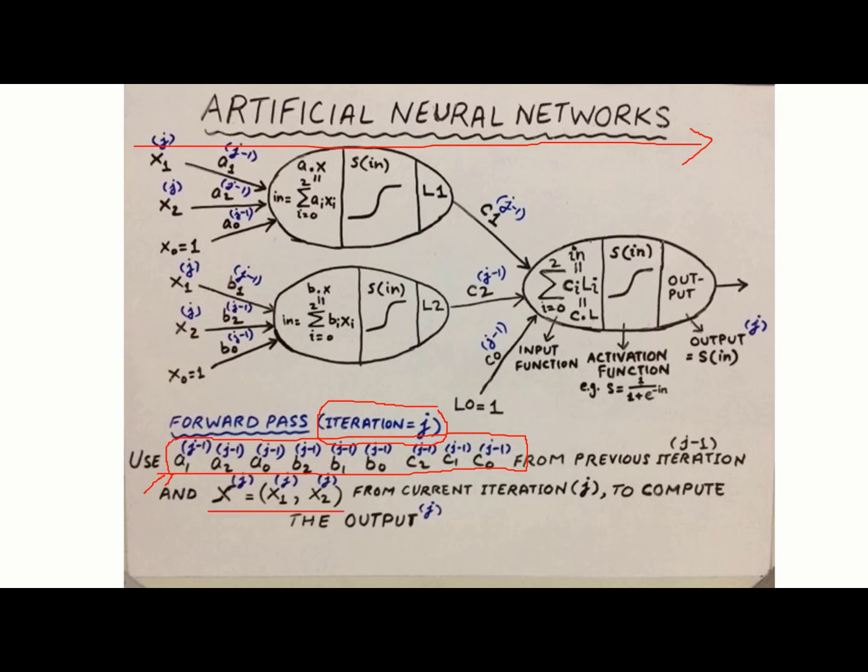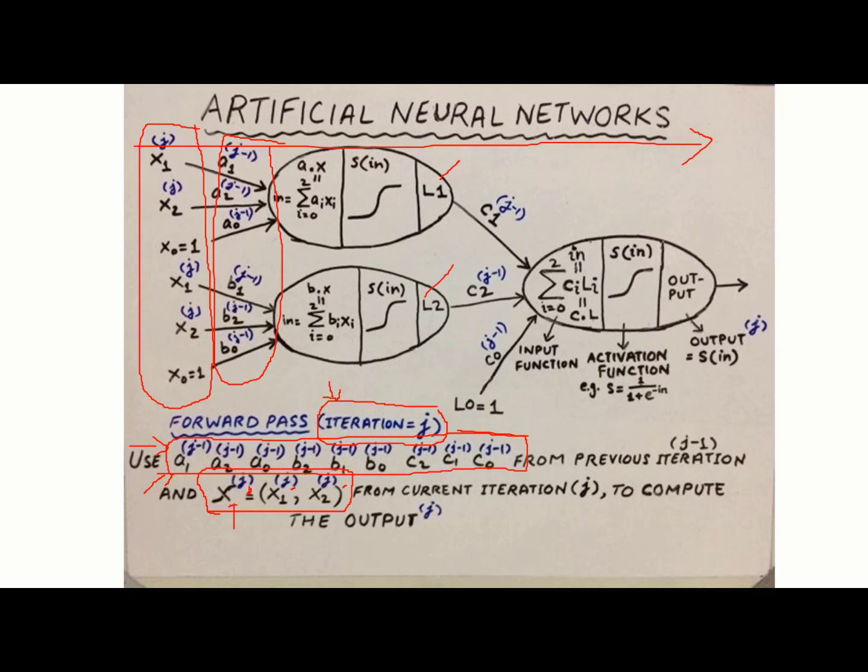And we're going to use the value of the data point available in the current iteration. So we iterate over the data points, and suppose we are in iteration J. So we are looking at the data point J, indicated by the superscript J. And we are going to use the values of the coefficients from the previous iterations. So current data point and the previous coefficients, use them to compute L1 and L2 for the current iteration.